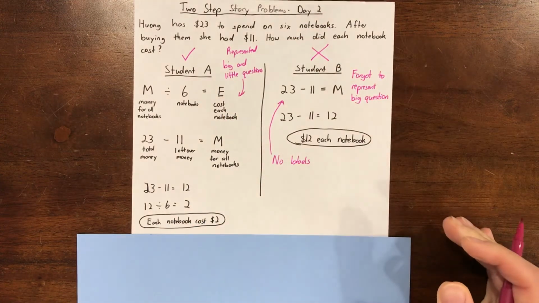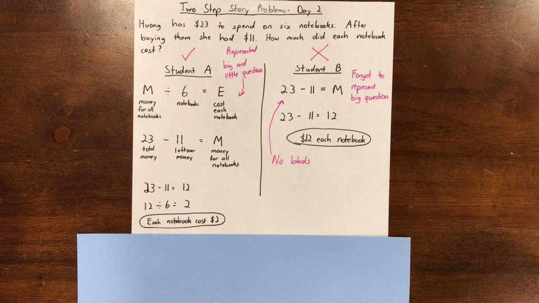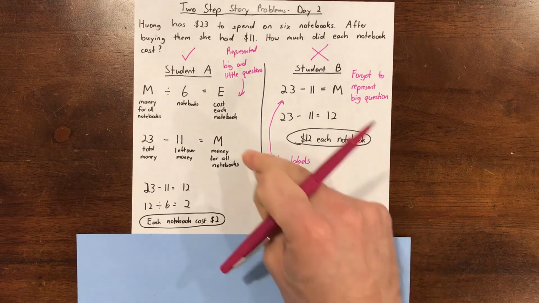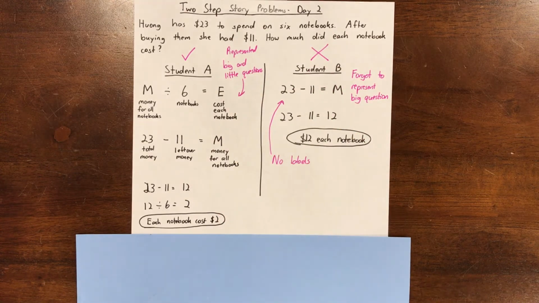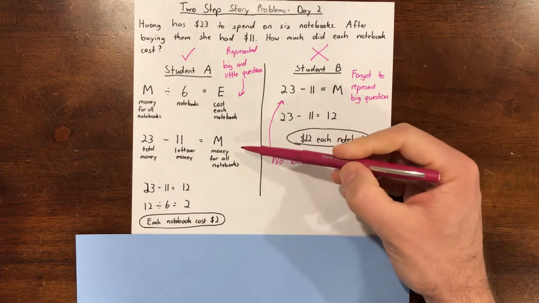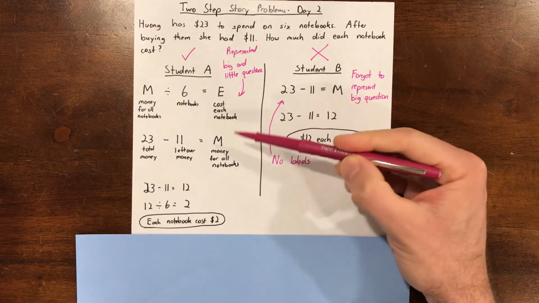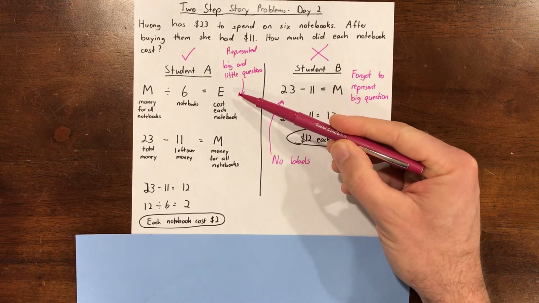Okay, great. And just so we're clear, why is this the little question and this the big question? Say it out loud. Right, this is the little question because this is the question you have to answer first in order to answer the big question.